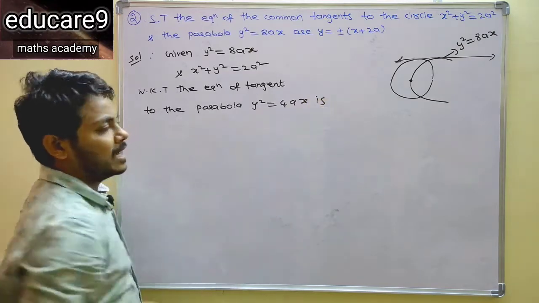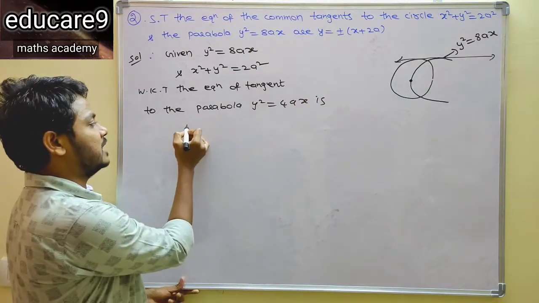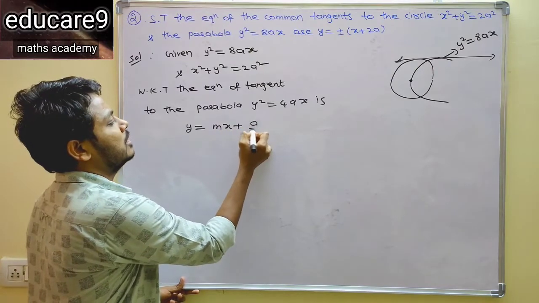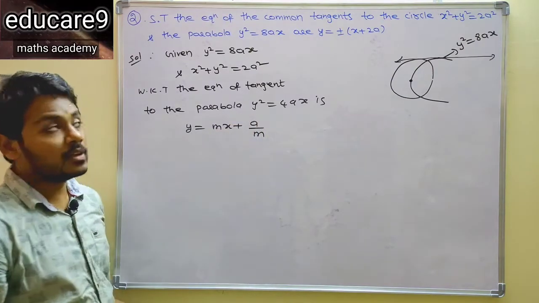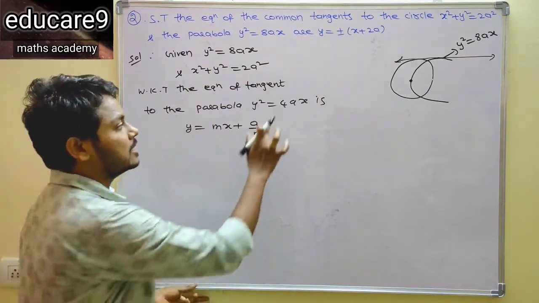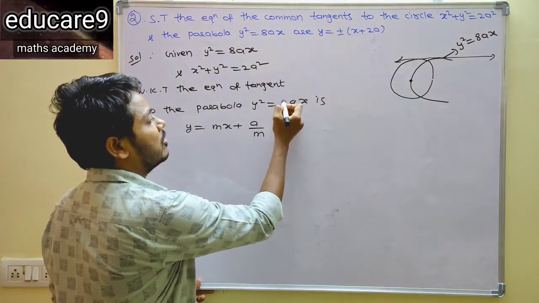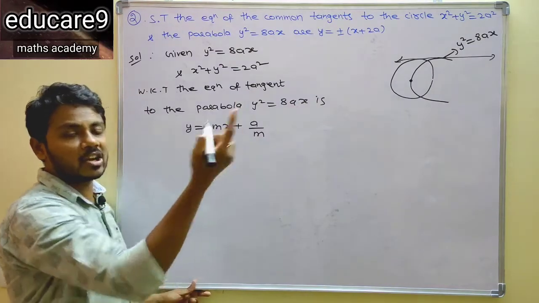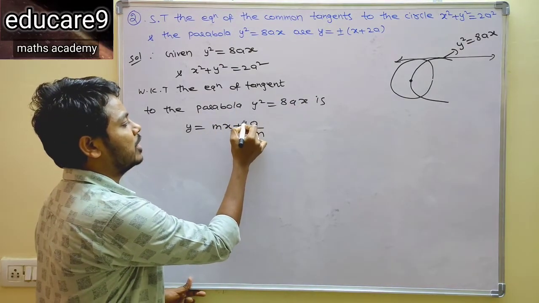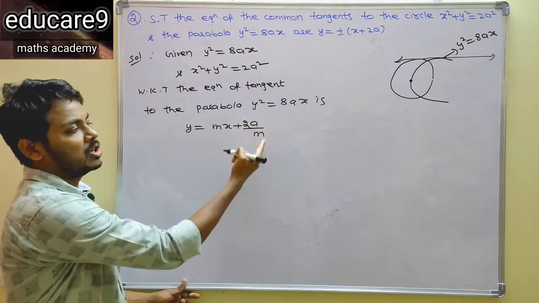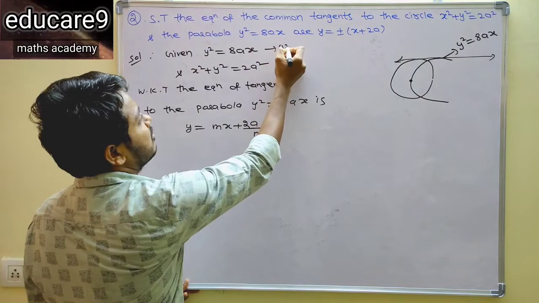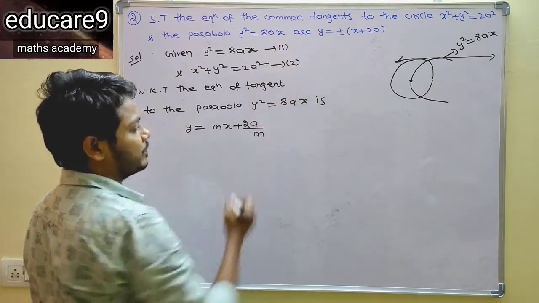For 4ax, the equation of the tangent is y is equal to mx plus a by m. But here given parabola is y square equal to 8ax. Here clearly for y square equal to 8ax, the equation of the tangent is what? Y is equal to mx plus 2a by m. Okay, so this is equation 1, this is equation 2.